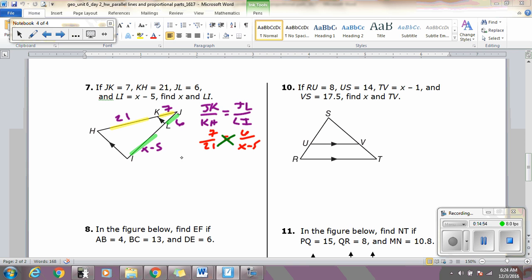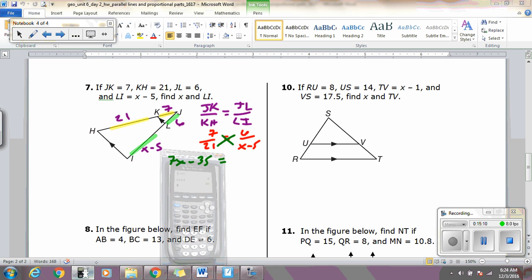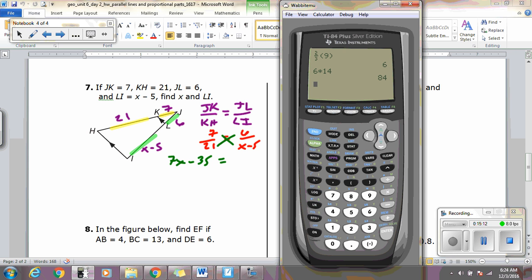So you would have 7 times X, which is 7X, minus 7 times 5, which is 35, equals 6 times 21, which is 126.